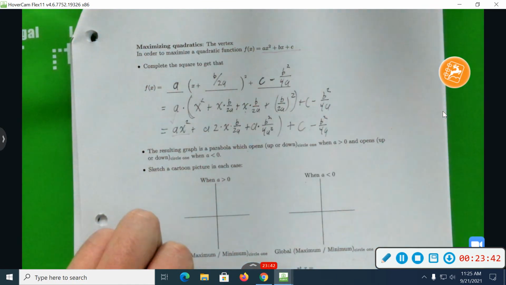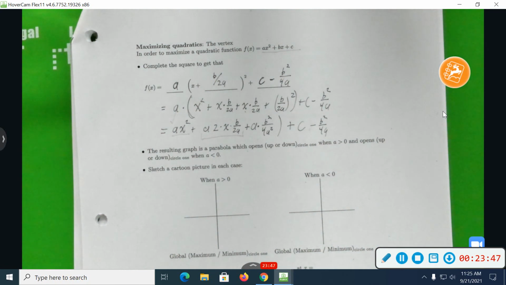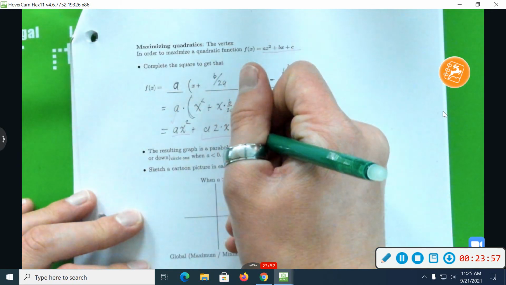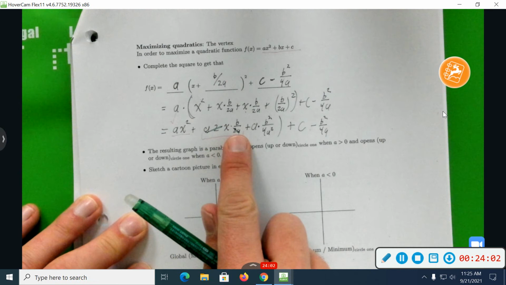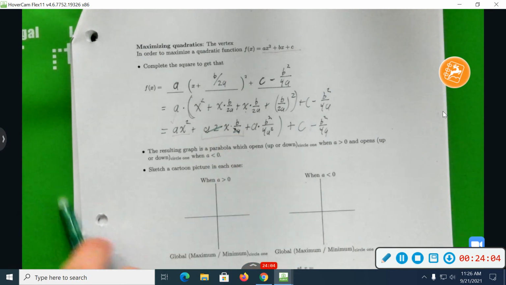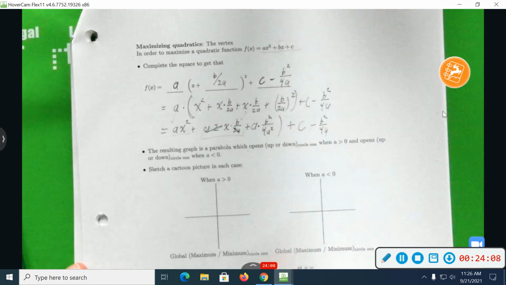That's nice. This term looks needlessly complicated, like it has lots of cancellation. There's a divide by 2 and a divide by a. There's also multiply by 2 and multiply by a. Oh, hey, there's x times b. That gives me this term. That's nice.